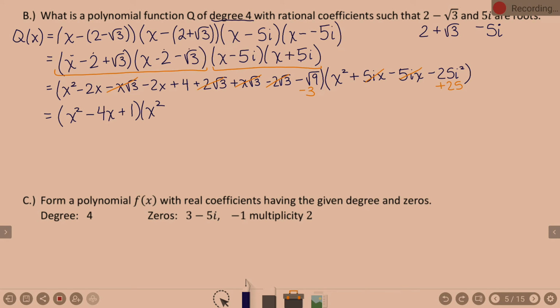Middle's canceled out. Minus 25i squared became plus 25. Square roots are gone, i's are gone. Now we need to multiply one more time. So start multiplying one more time.